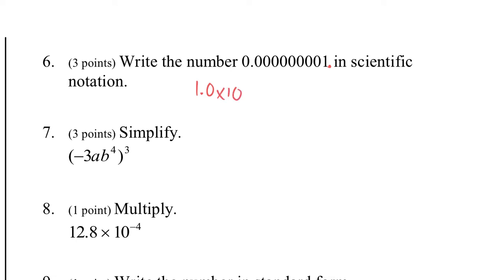I place the decimal there, but it actually belongs over here. So how many times do I have to move it? 1, 2, 3, 4, 5, 6, 7, 8, 9. I had to move it 9 times to the left. So it's times 10 to the negative ninth. And that is the number in scientific notation.